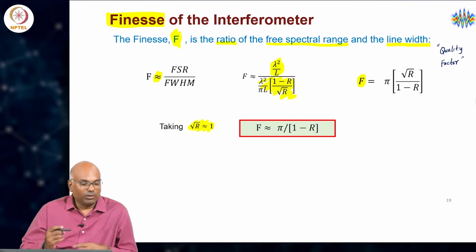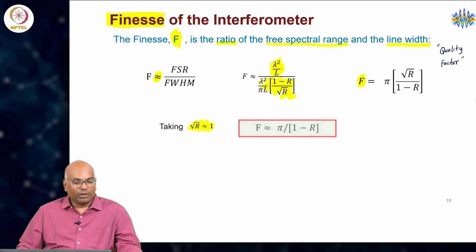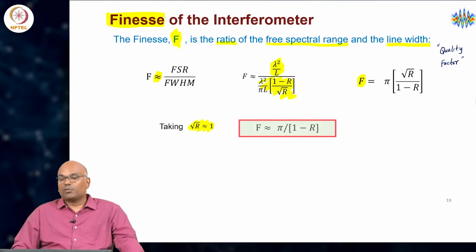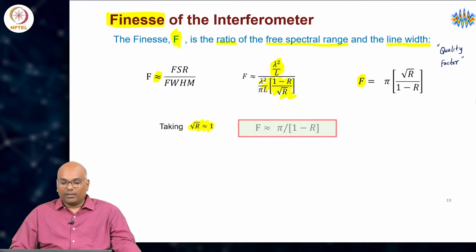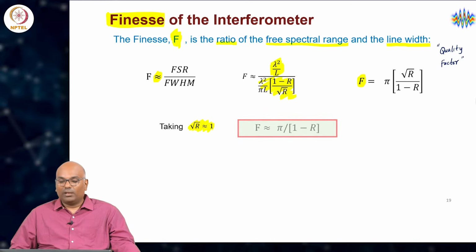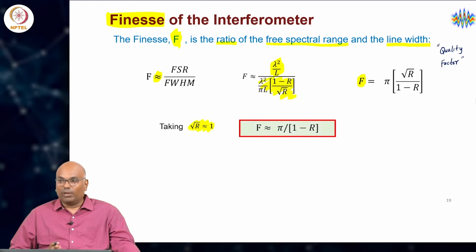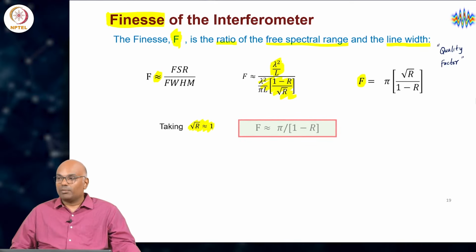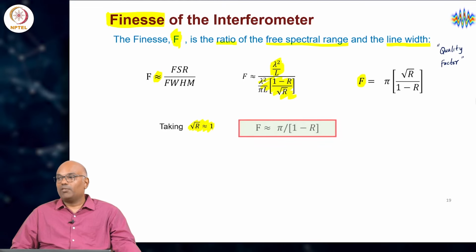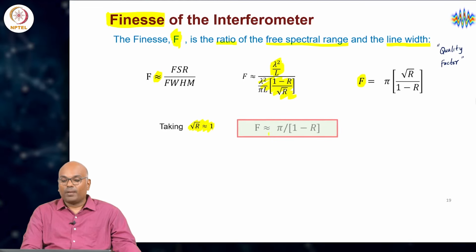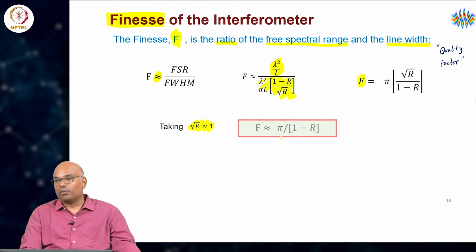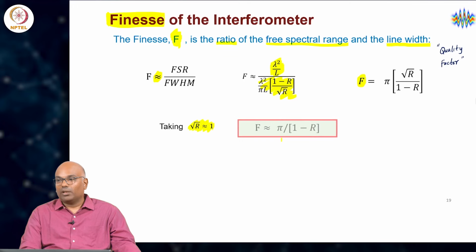All this contributes to the quality or finesse of the resonator. But for the purposes of our current study, let us take the simple 1-dimensional case and understand that finesse is a measure of quality. It is the quality factor of the resonator, and it is intimately tied to the reflectance of the end mirrors.